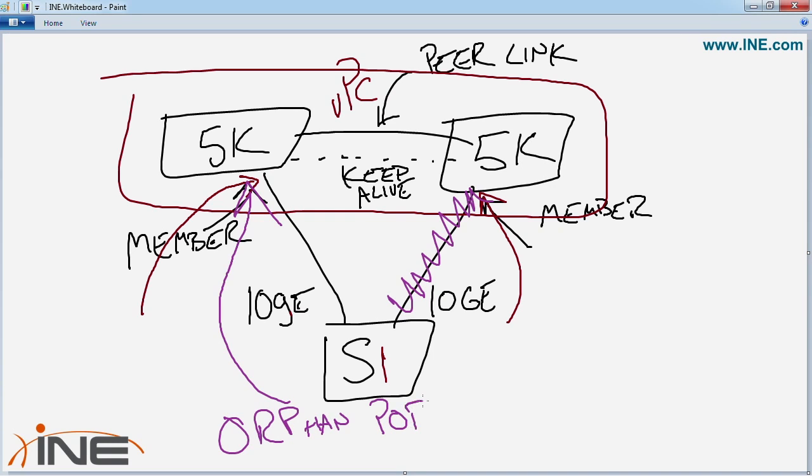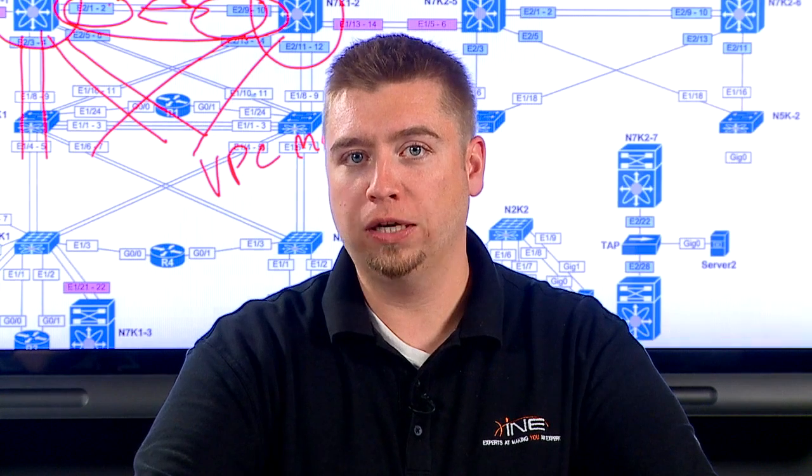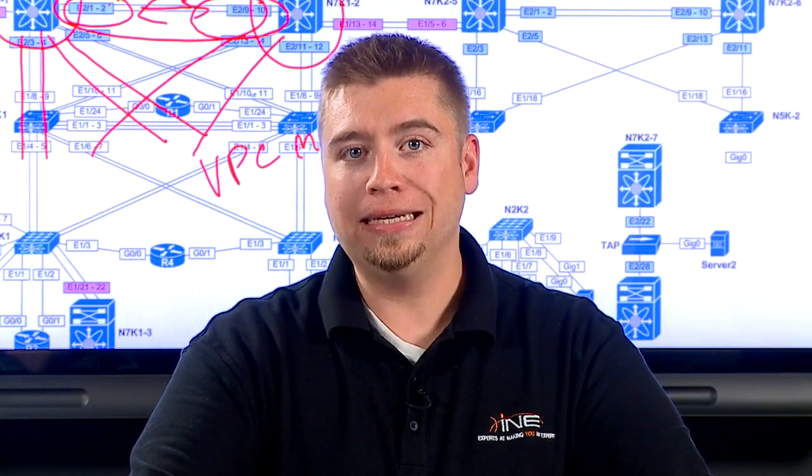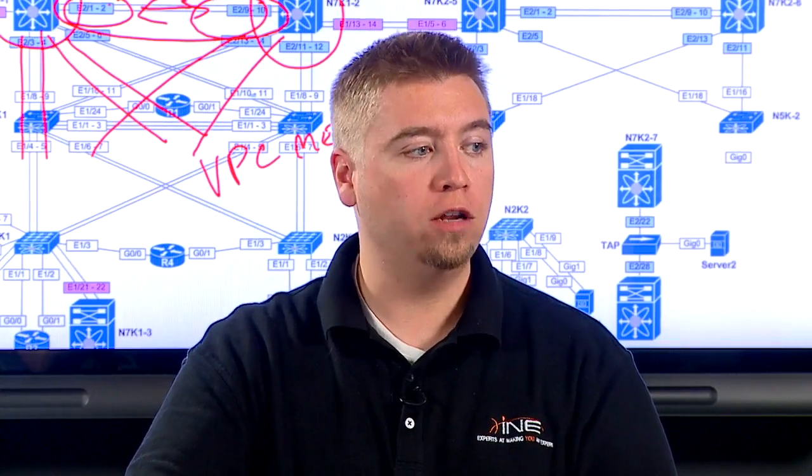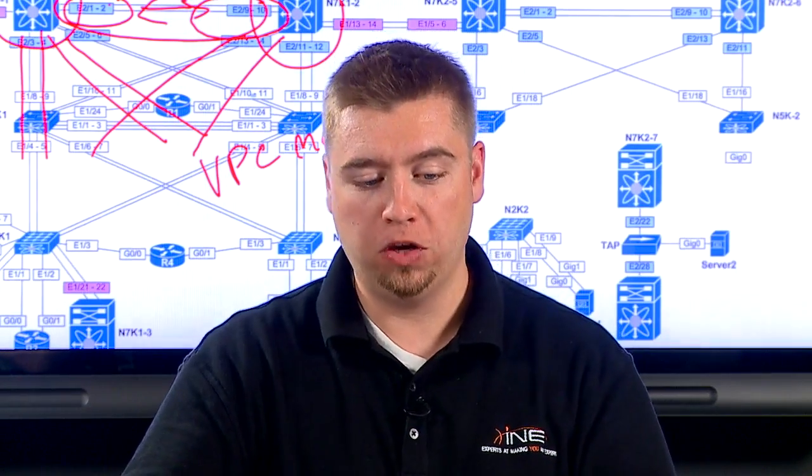There are some strange failure situations you can run into with orphan ports, where they can get cut off in layer 2 or layer 3 connectivity to the rest of the network. So technically it's not a requirement that you have at least one member port, but it doesn't really make sense to run VPC unless your end devices are dual attached. So you want to make sure that there is at least one member port per VPC peer.